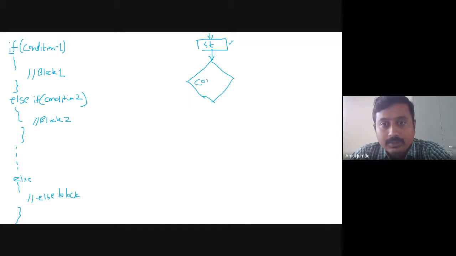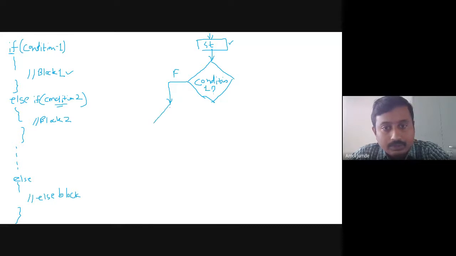So this is my condition 1. Now this is a boolean expression, so it will either evaluate to true or false. If this is false, then what will happen? It is false means block 1 is skipped and you have to evaluate condition 2.